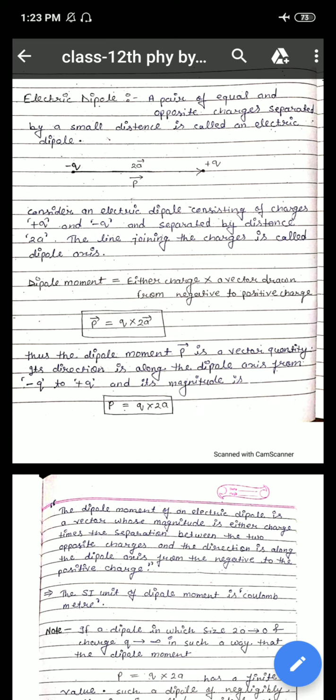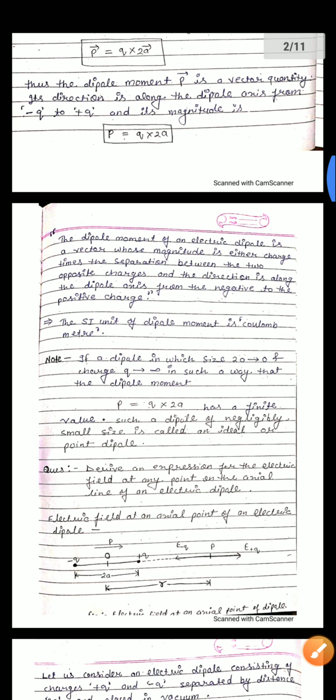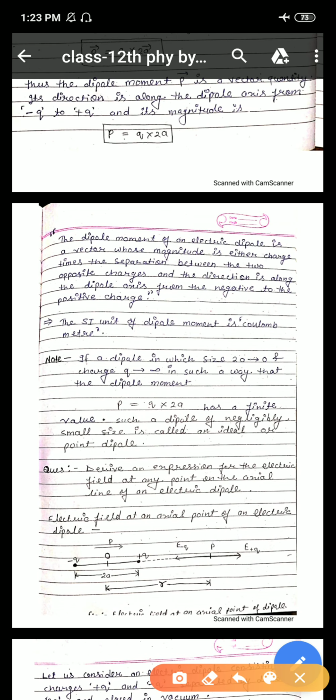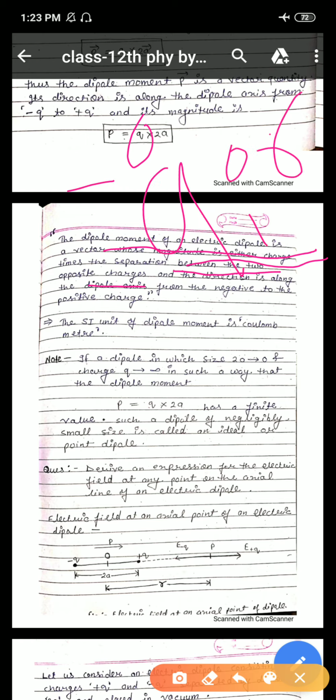Is it clear? Now see again, the dipole moment of an electric dipole is a vector whose magnitude is either charge times the separation between the two opposite charges. Either charge means you can choose minus q or plus q; you are free to choose.